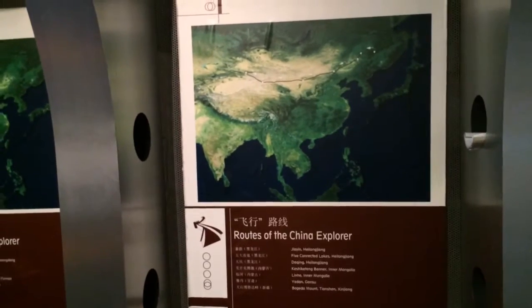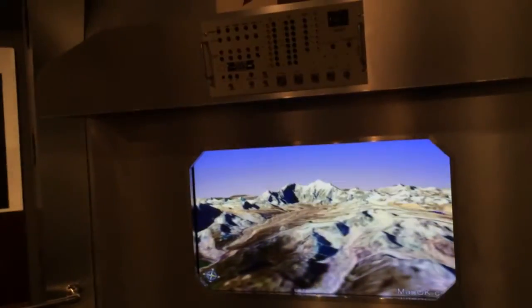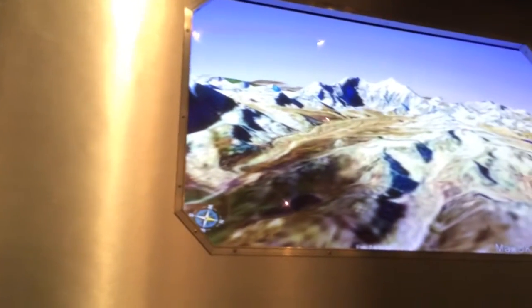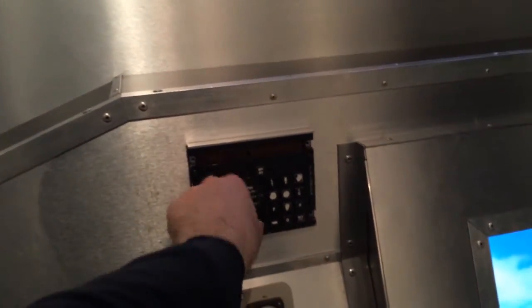Five connected lakes. Flying tour of China with a bird's eye view over her terrain, landscape and scenery. Let's start the adventure. Oh boy. It goes off automatically as you walk around this thing. How do I start it? It's broken.